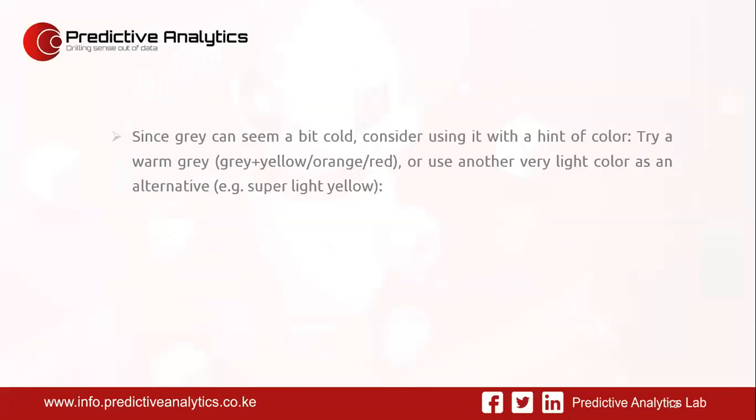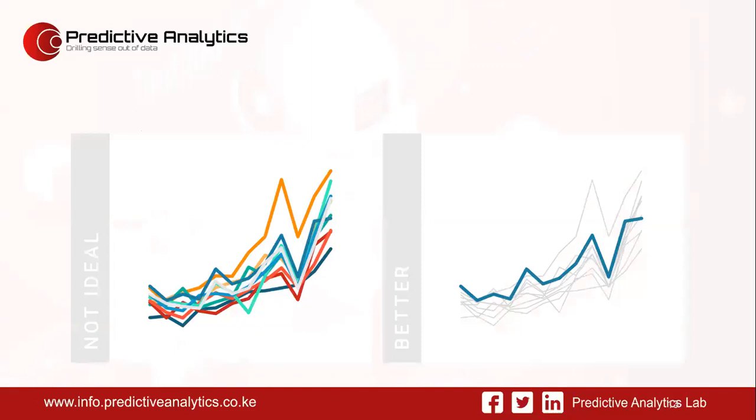Later on in the coming lessons, we shall see the concept called color wheel and color schemes, and how you can achieve that warm gray, the way you can mix gray, yellow, orange, and red to get a hue of a warm gray, or use another very light color as an alternative. So, for example, super yellow, as in this illustration here. So you can see what is not ideal and what is better.